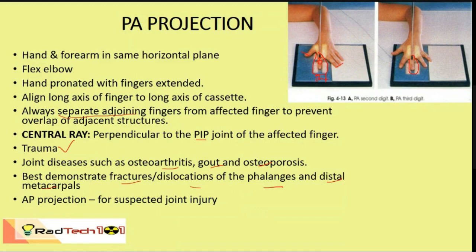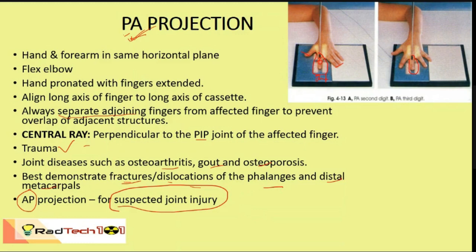So sometimes may modification. So instead of PA, the projection is AP. This is for suspected joint injury. Okay? So for fractures or dislocations, so PA projection. For trauma, PA projection. For joint diseases, PA projection.